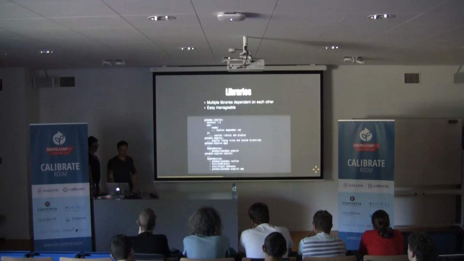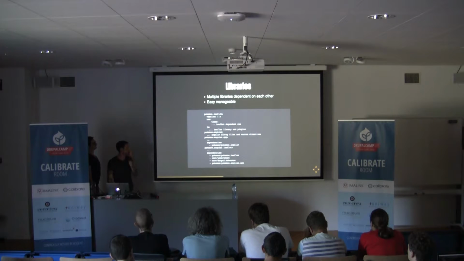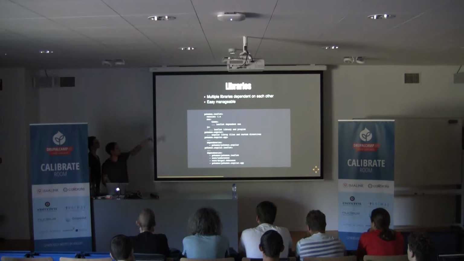After defining our templating structure, we made a libraries YAML file with multiple libraries which are dependent on each other, to easily manage those libraries, so we can easily switch out libraries. As you can see, we have a Leaflet library which contains all dependent Leaflet files, CSS and JavaScript.